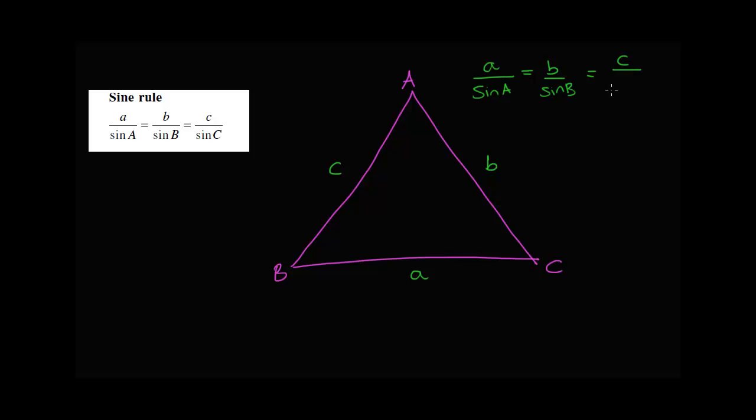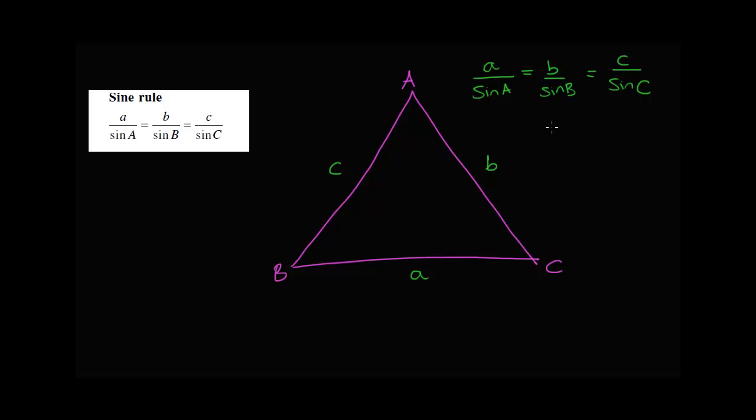And that works out for all three sides. Often what you'll find, we'll only actually use two of these, but it actually works for all of them. So again, that comes from Sal's proof, but we know the ratio of its side to the sine of its angle is equal to the ratio of the other side to its angle as well. And that's basically what the sine rule means.